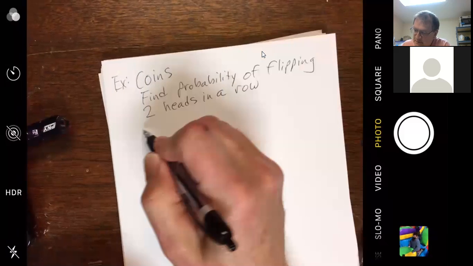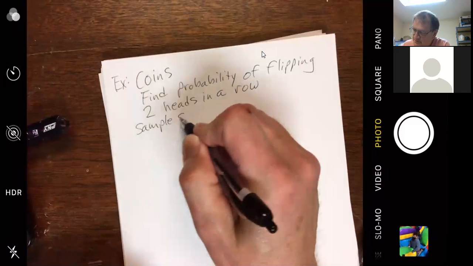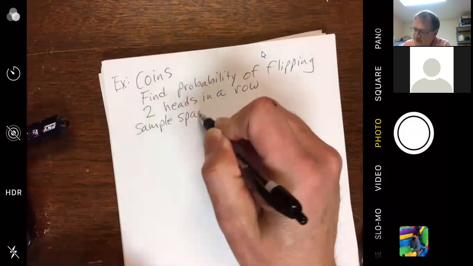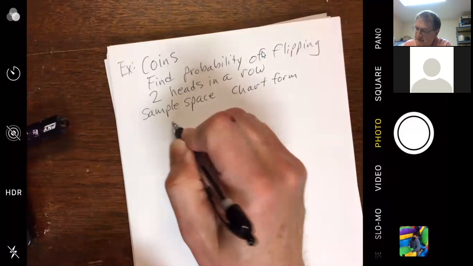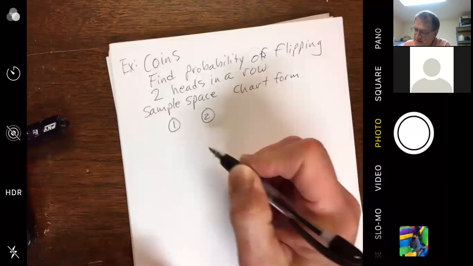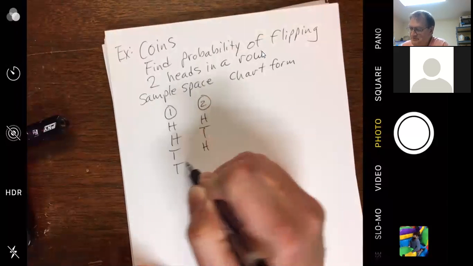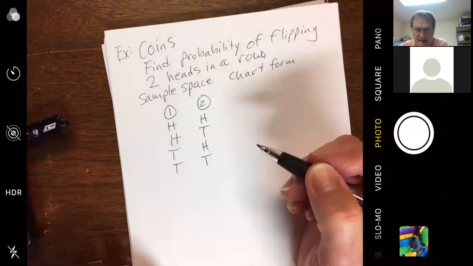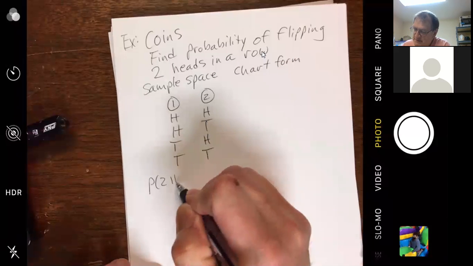All right, we went over the sample space for this last week, in chart form. First flip, second flip. You can make 2 heads, heads then tails, tails then heads, or both tails. Okay, probability of 2 heads.